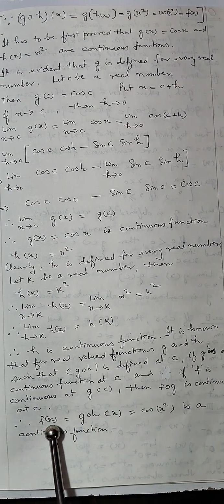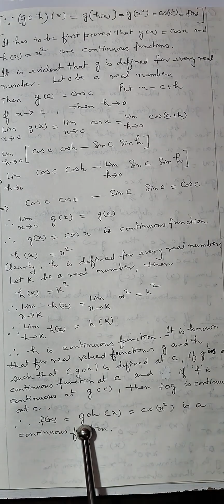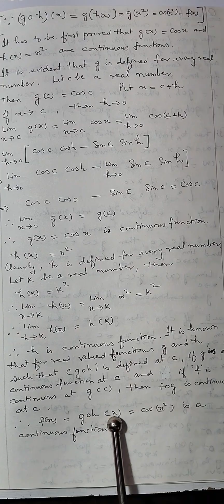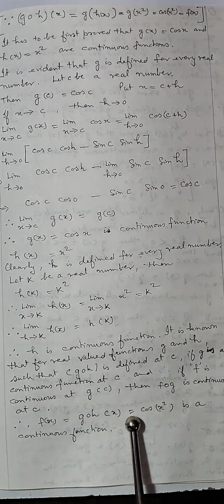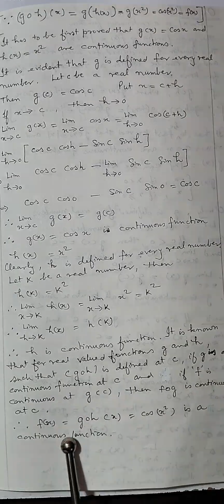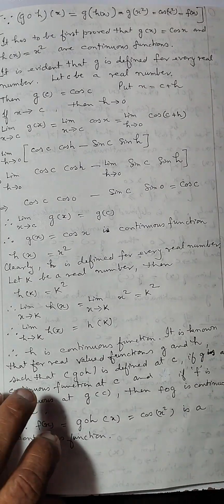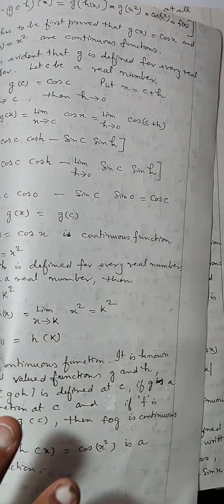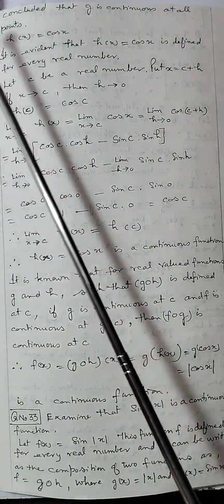Therefore the function f(x), that is g of h of x, which is equal to cos x square, is a continuous function. That's all.